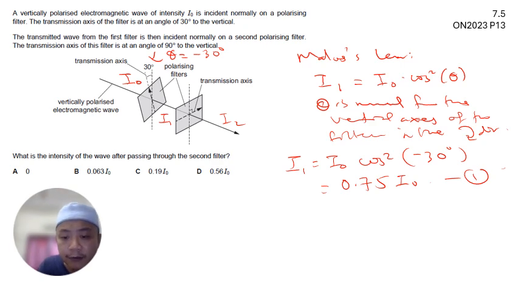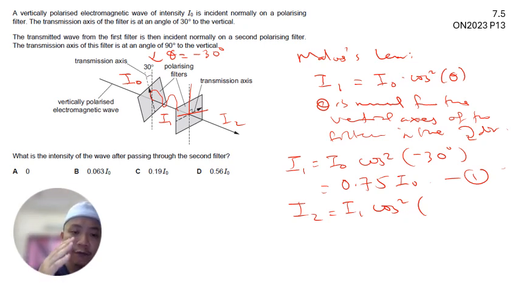And then the second polarizing filter, I2, will be equivalent to I1 cos squared. Now this theta is a bit tricky because we know that it is arranged 90 degrees from the vertical axis, but we need to consider not the vertical axis of the second filter, but instead where the wave is actually at right now, because before the second filter it is tilted by minus 30 degrees.